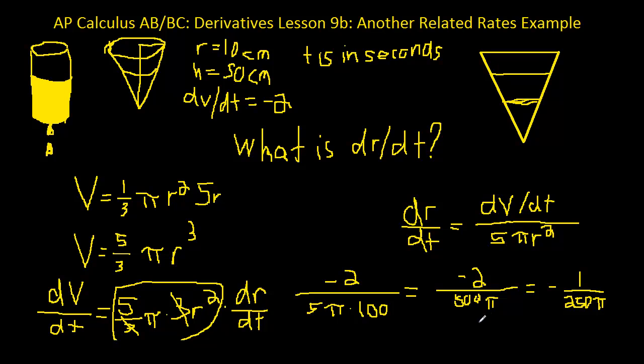Now, let's go back and look at what we're really saying here. If we're saying that dr/dt equals this value, we're saying that the radius is changing at this rate every second. And this makes sense. We're going to expect it to be changing at a constant rate.